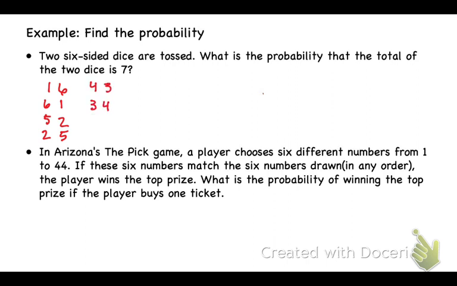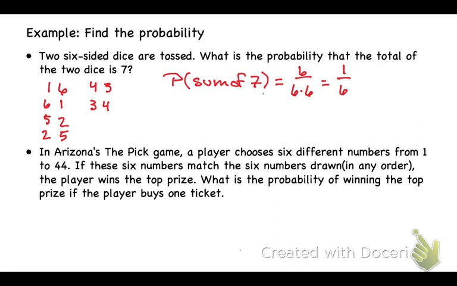Okay, so how many is that? We have 6, yes? But how many dice do we have? 2. So we have 6 outcomes and 6 outcomes, yes? So it's 6 over 36, or 1/6.